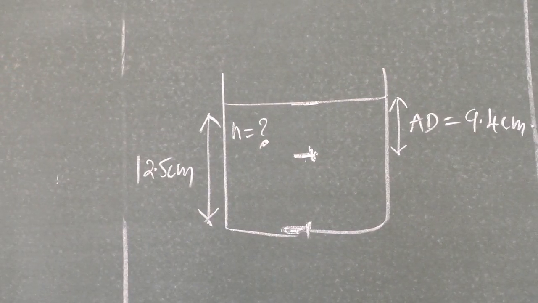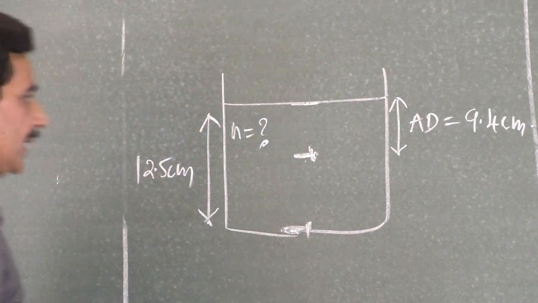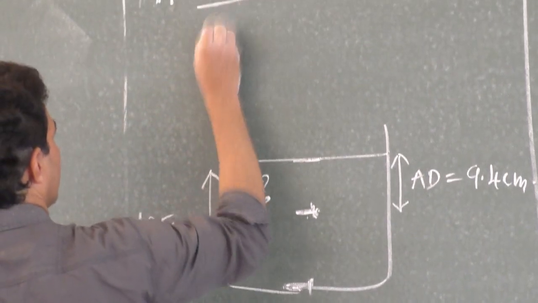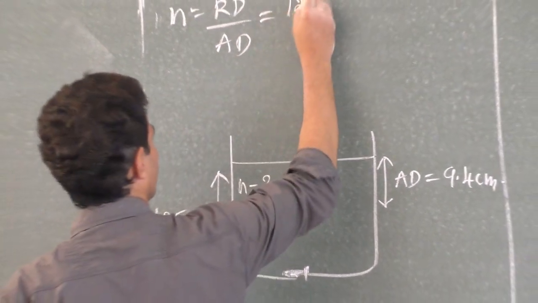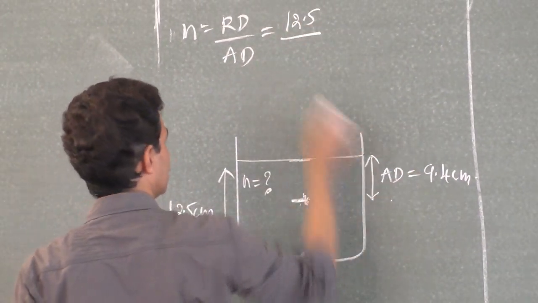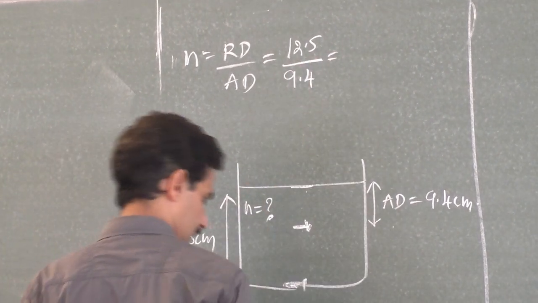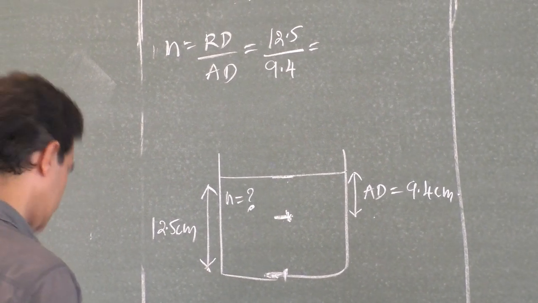Then if water is replaced by another liquid, that is the next part. We will do this one first. What is the refractive index? Refractive index is very simple: real depth by apparent depth. Real depth is 12.5 centimeter, and the apparent depth is this direct one, 9.4.